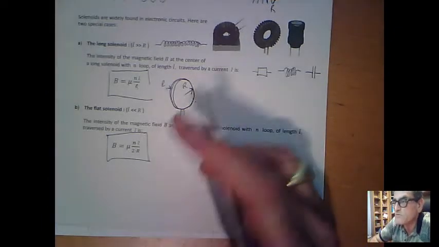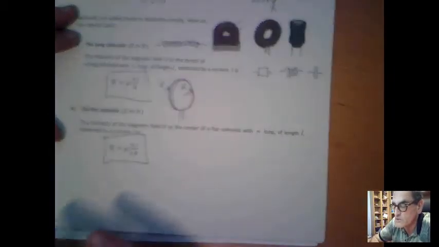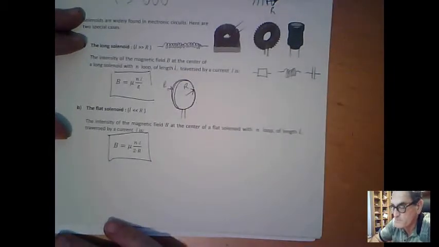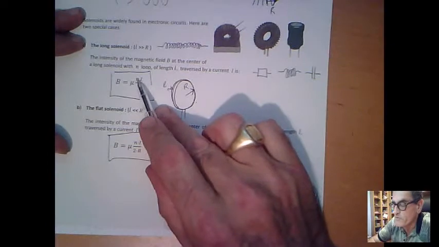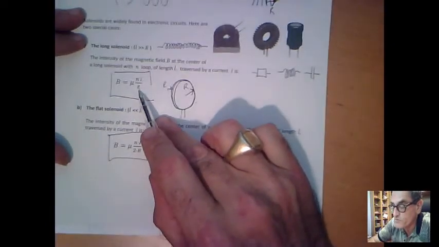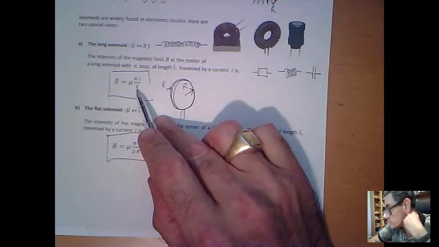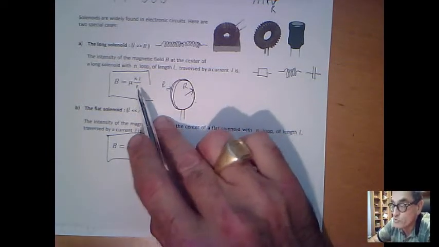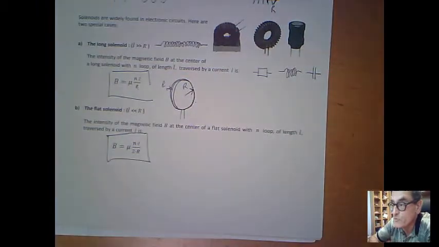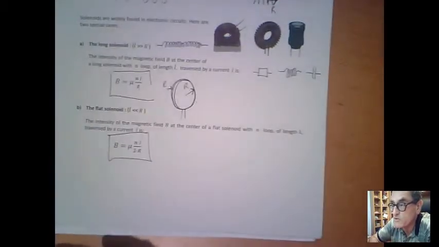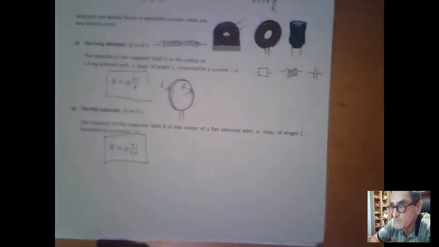So if you increase the radius, you decrease the magnetic field, which is pretty obvious. And here, for the same number of loops, if you increase the length, you will also decrease the magnetic field. So if you want to have a strong magnetic field, you should do a lot of loops on a distance which is not too big.